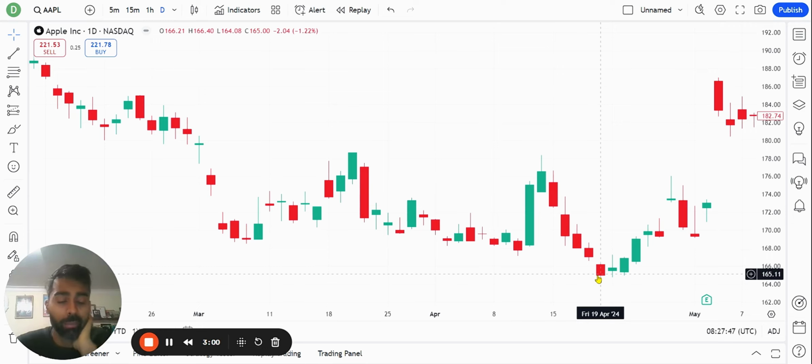So this would be a hammer. I've got some notes here as I'm still learning this process, but this would be a hammer, and therefore it suggests there's going to be a change, because people are trying to sell really low, like the farmer who's trying to sell at 10 cents, 20 cents, and people aren't buying. Then finally people start buying, but it suggests there's going to be a bit of a reversal, if you will.